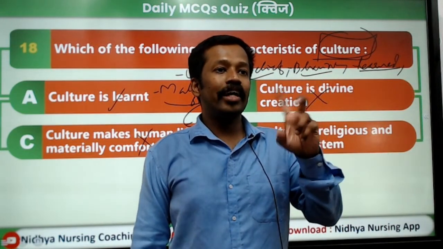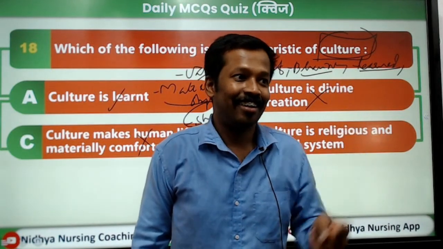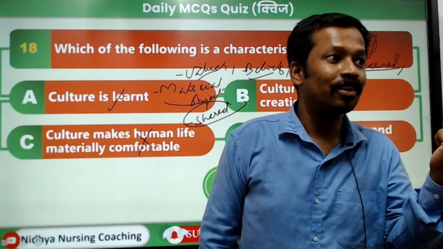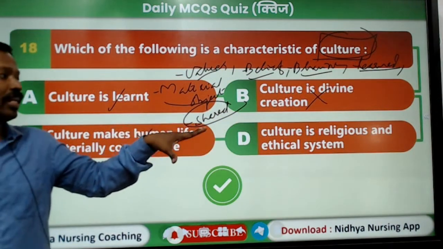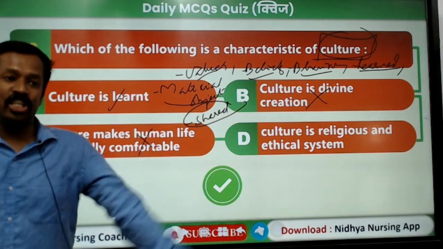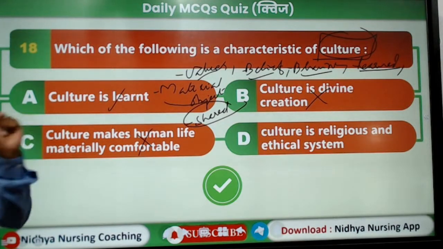So it is not an ethical system, but it is religious. Ethics comes only in a few situations, not everywhere. So what is the answer? Culture is learned. That is the right option.